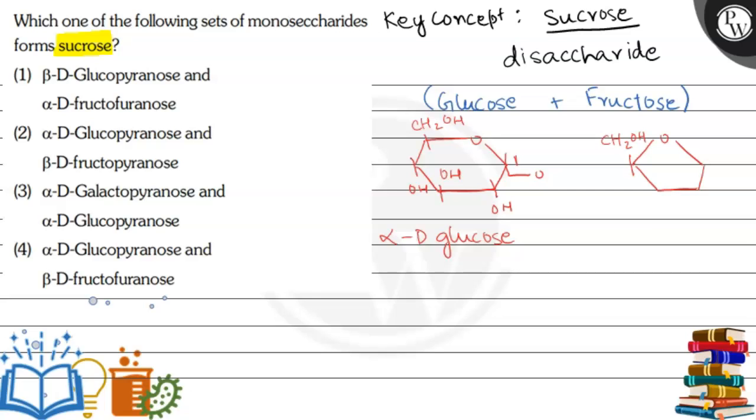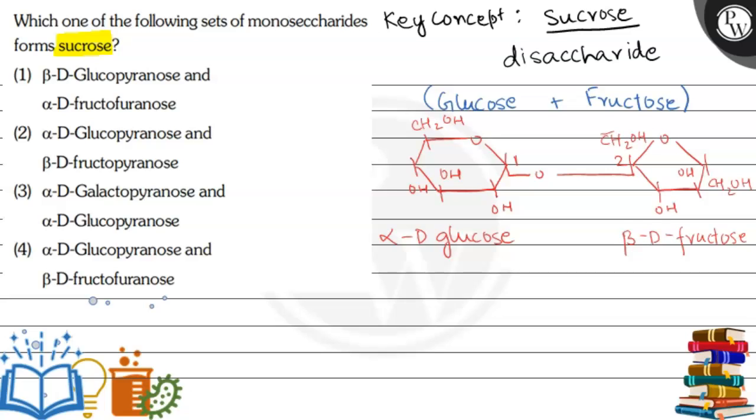Now, it forms a glycosidic bond with the fructose molecule, which is present in the beta D configuration. It is a beta D configuration because in the second carbon atom of the fructose molecule, the OH group is present above. Now, the other OH groups attached to fructose are as follows. So, this is the structure of beta D fructose.